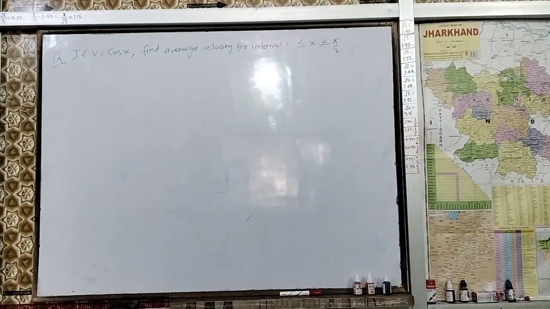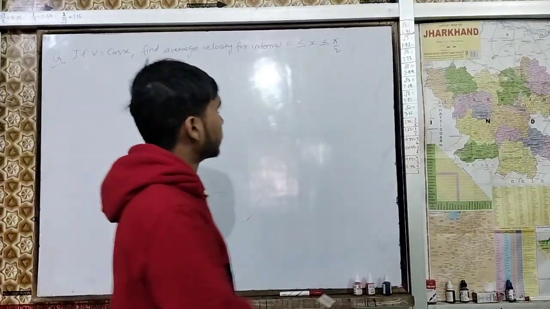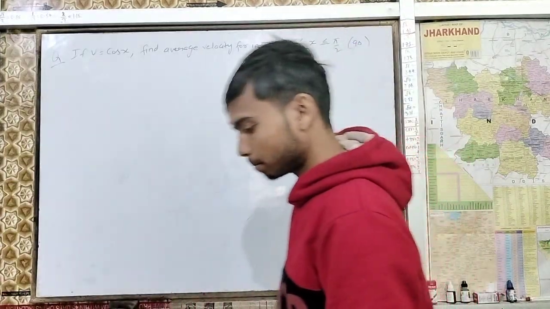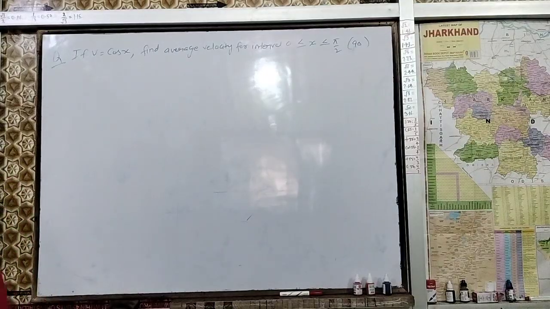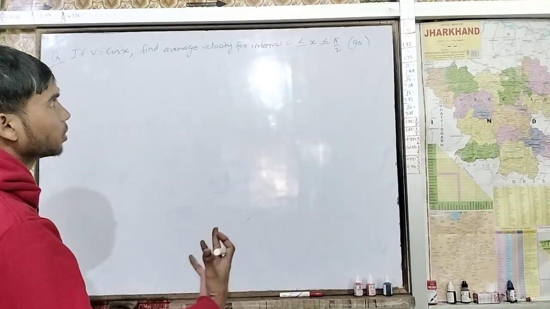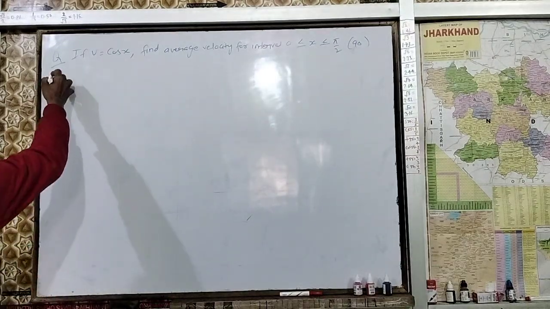Theta can be from 0 till 90 degrees. So rather than taking values one by one, we can take the interval from 0 to pi upon 2.